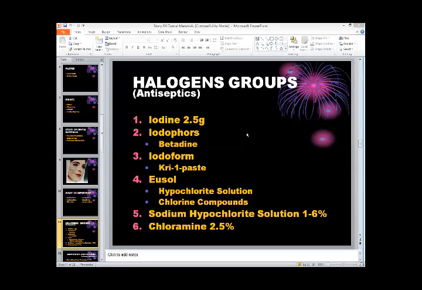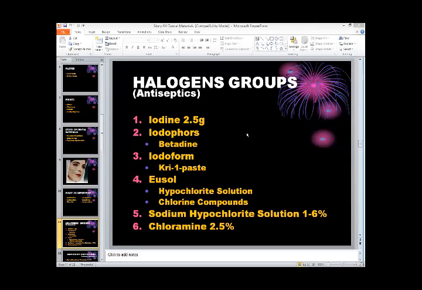Because enamel is a dead tissue, dentin is slightly alive tissue, but in the nerve or pulp, we are dealing with a normal live tissue. So we are making these drugs for pulpal purposes.